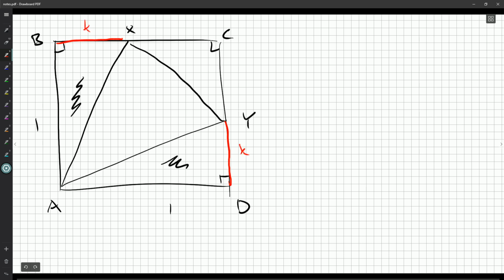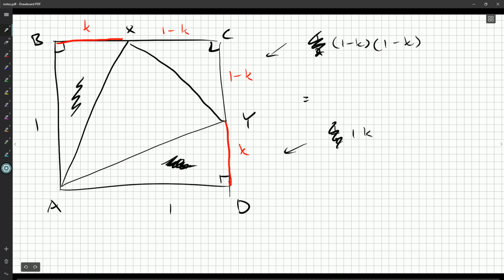And then that means that we've got 1 minus K and 1 minus K over here. Now, the areas can be worked out, 1/2 base times height, K, and the area here, being a right angle triangle, can also be worked out, 1/2 base times height, but we're told that these are equal. So ignore the 1/2s.